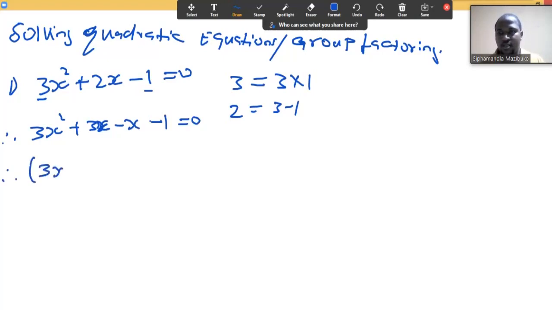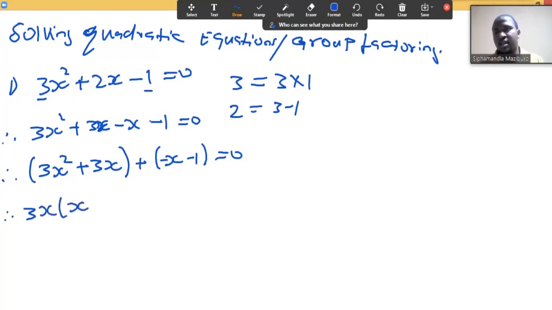We have 3x squared plus 3x, plus, in brackets, minus x minus 1, equal to 0. Let's look at the common factor. The common factor here would be 3x into x plus 1, because 3x times x is 3x squared, and 3x times 1 is 3x.